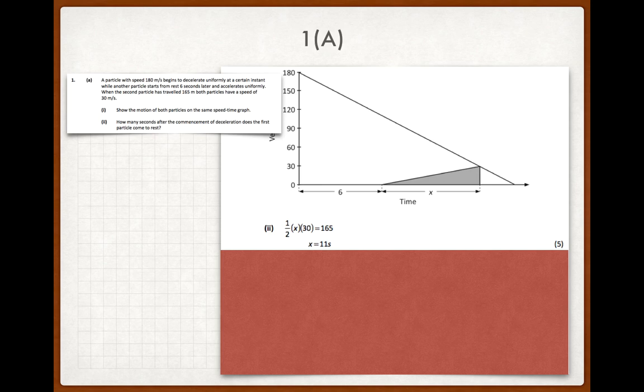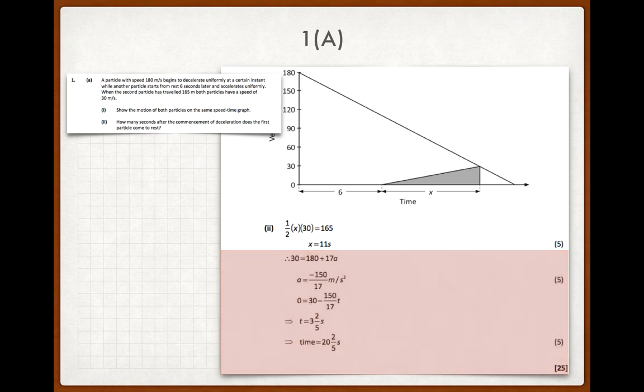And then we know that the other particle starts 6 seconds before that. So what that means is it takes 17 seconds for the first particle to go from 180 down to 30. Using that, you can get a value for a, and then fill that a into v equals u plus at, where the final velocity is 0 and the initial velocity is 30, so they're just looking at the last section.